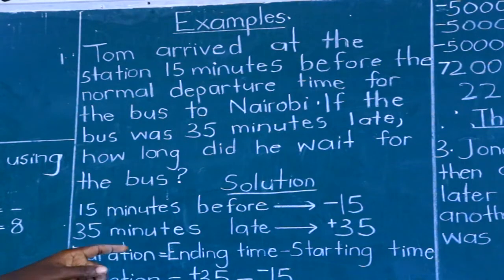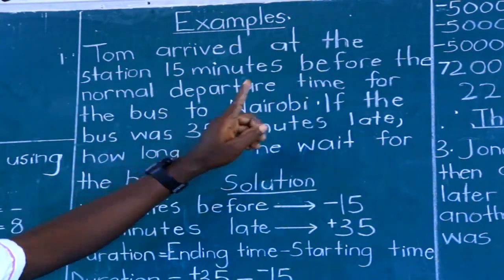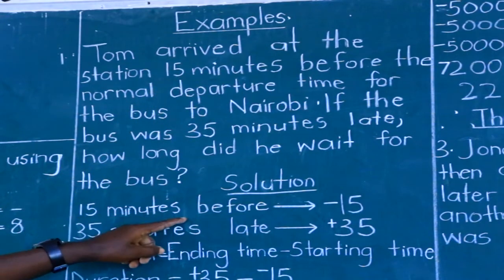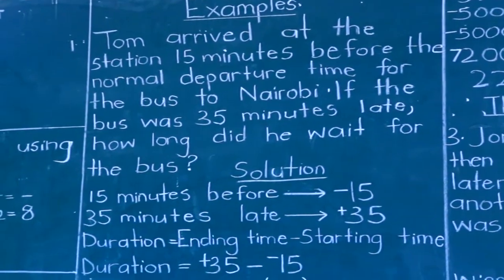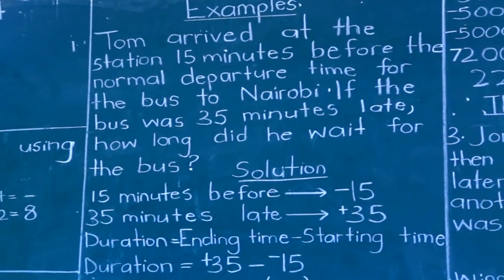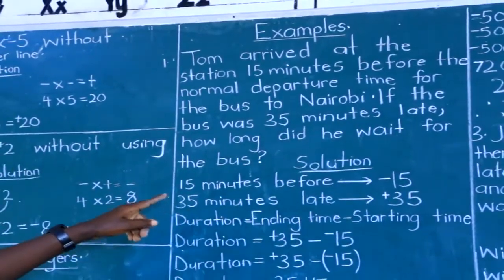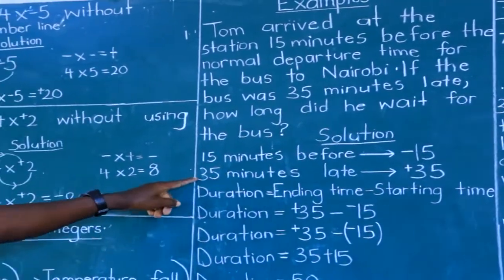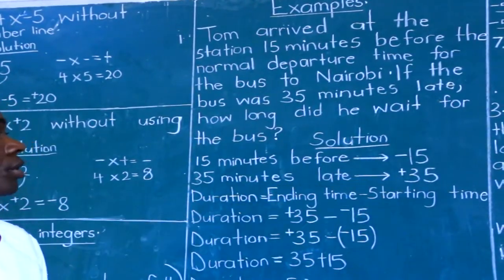Tom arrived 15 minutes before, and 15 minutes before represents negative 15. The bus was 35 minutes late, and 35 minutes late represents positive 35.